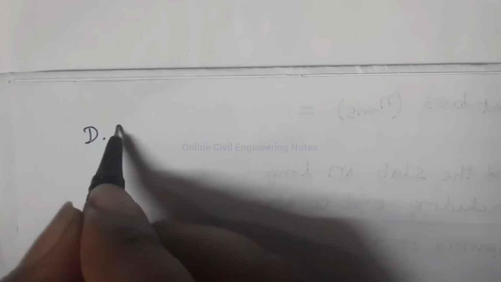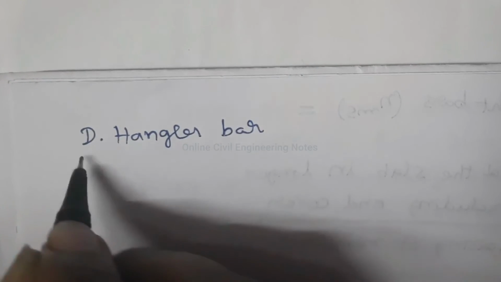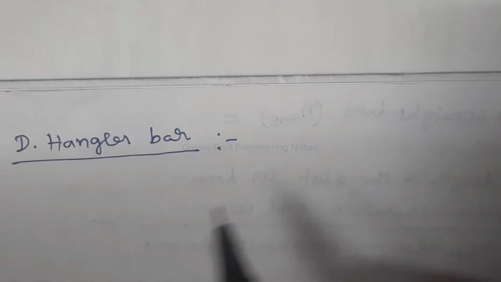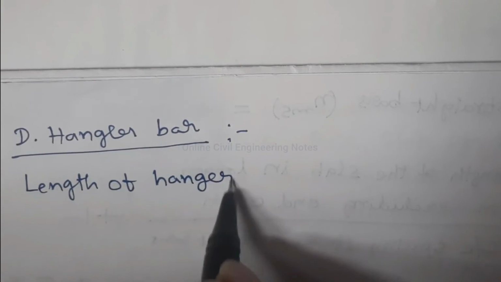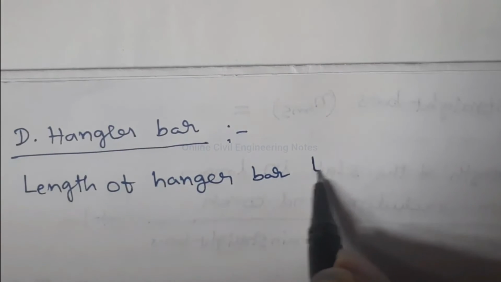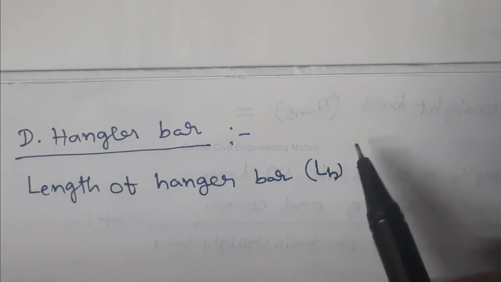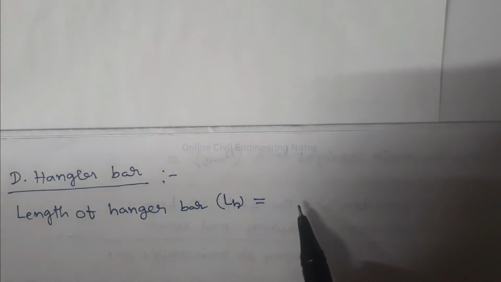Next bar is hanger bar. Hanger bar is provided on the top portion to support the cranked bars. Length of hanger bar, say LH, which is provided along the longer span, which is equal to length of the distribution bar.